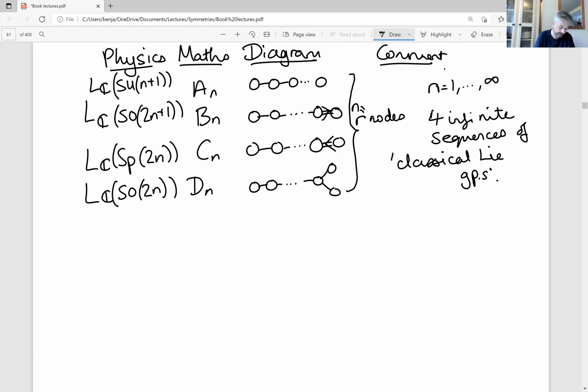Then there are some exceptional Lie algebras: E6, E7, E8, F4, and G2.